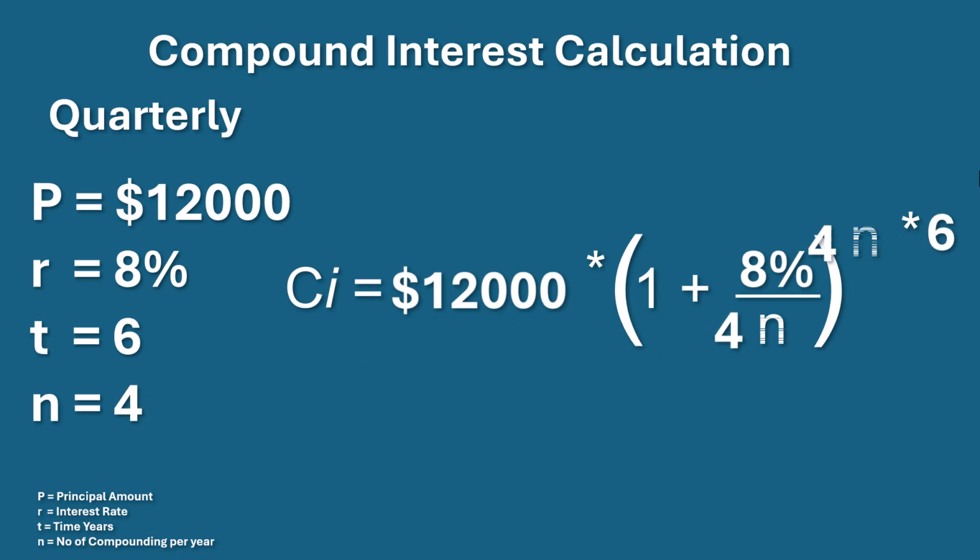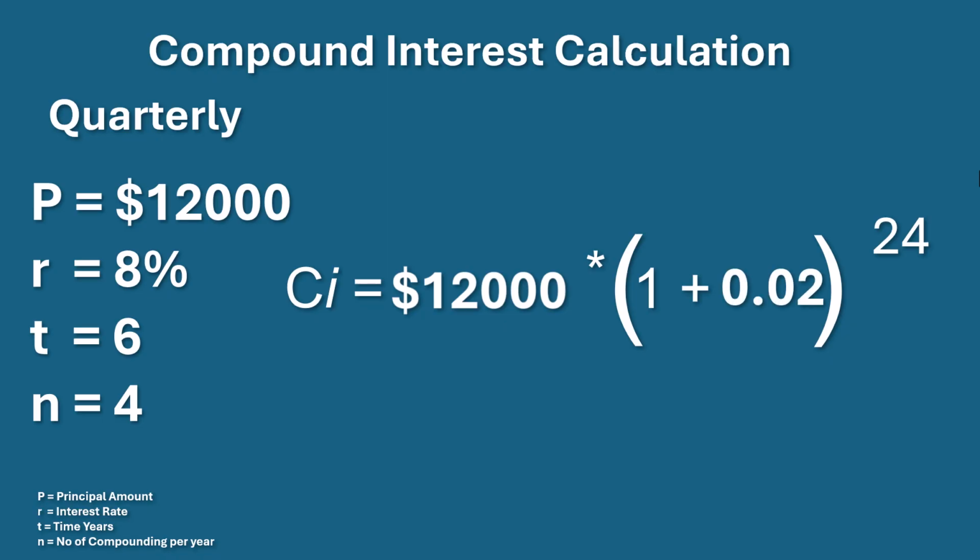N equals 4. First, convert percentage to a number. 8% equals 0.08. Next, calculate the power. N times time equals 4 times 6 equals 24. Next, divide the interest rate by n. 0.08 divided by 4 equals 0.02.